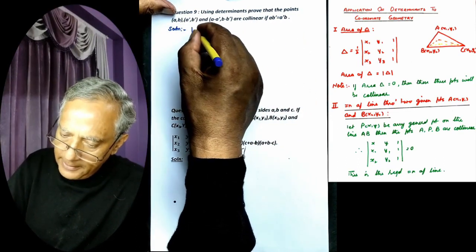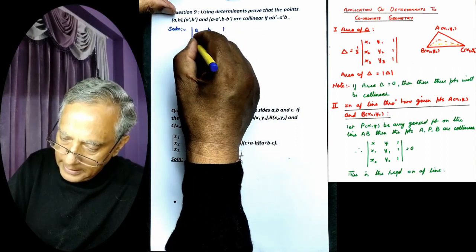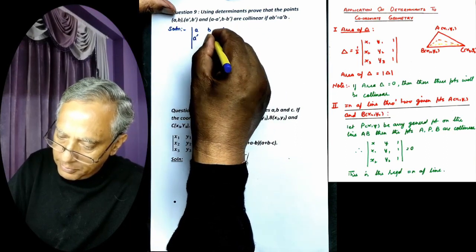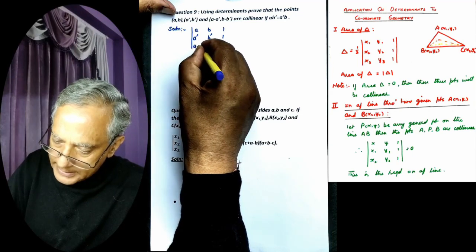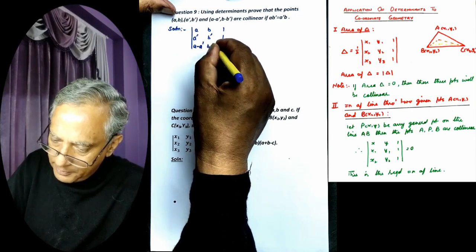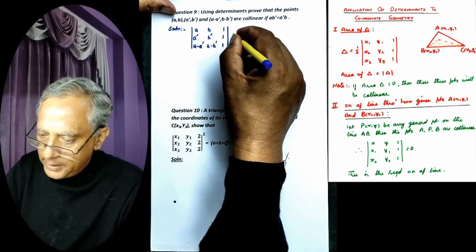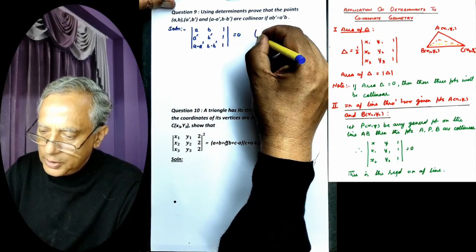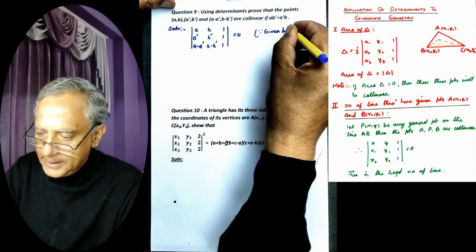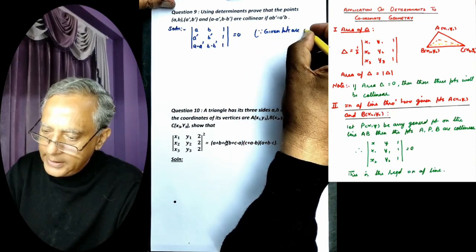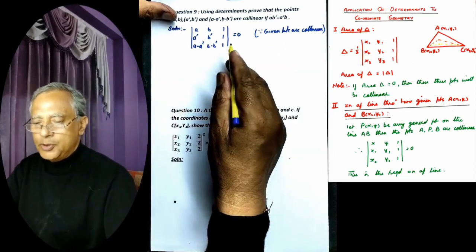Now, the first point is (A, B), so we take A, B, 1. Next point is A', B', 1 and A minus A', B minus B', and 1 must be equal to 0 because given points are collinear. So this determinant must be equal to 0.